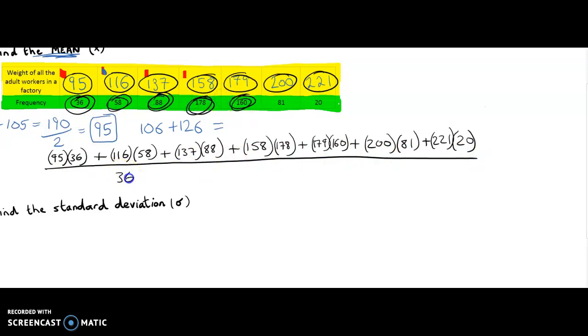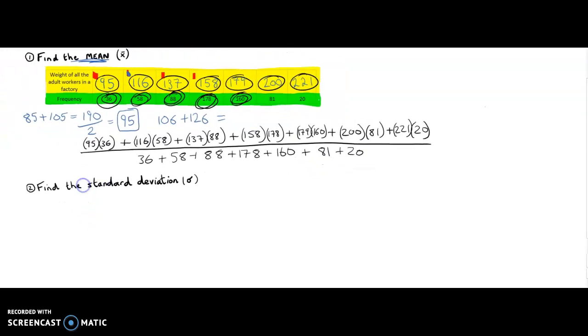So 36 plus 58 plus 88 plus 178 plus 160 plus 81 plus 20.